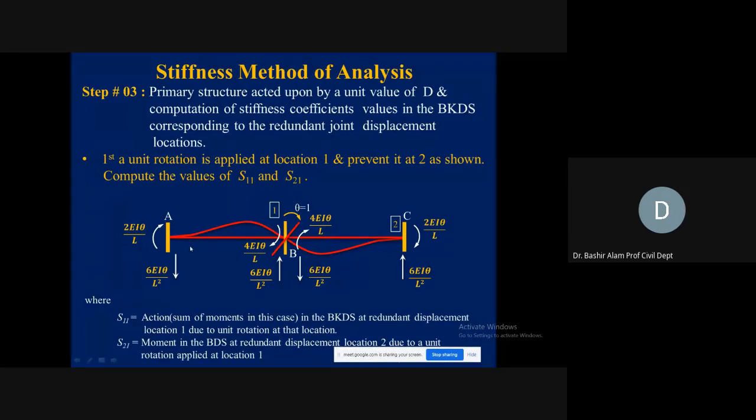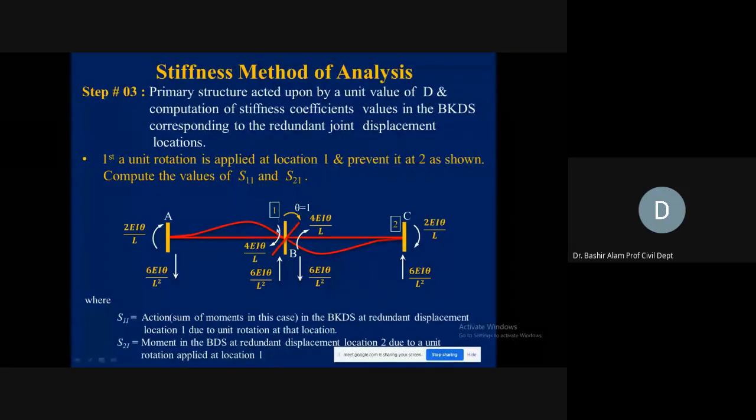If we take the left span, this L will be the left span's length, and if it is the right one, this L will be the right span's length. From where this is coming, we will again discuss with the conjugate beam method, from where we get these actions and how they are produced.